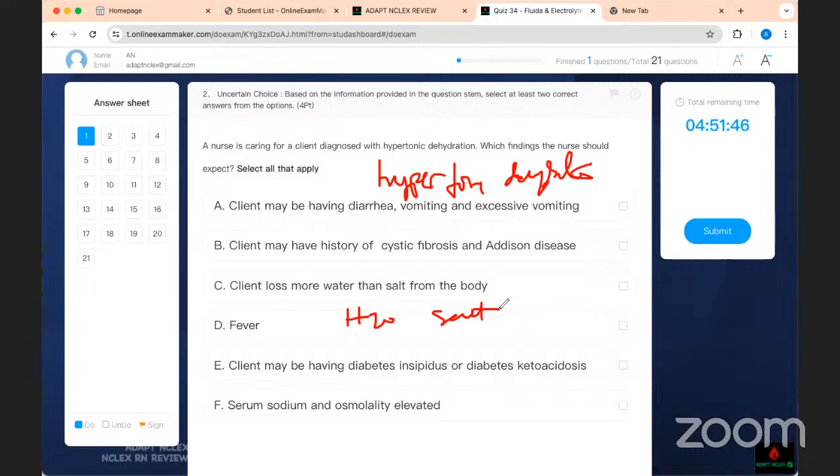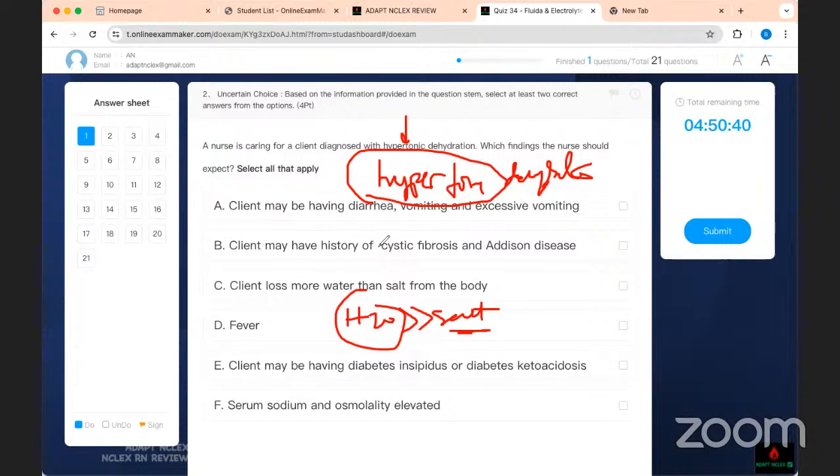Which one do you have to lose more of to make your blood hypertonic? Hypertonic means you're losing more water. So I'm losing water greater than salt. If I lose too much water, what will be left is salt, and therefore my blood will have hypertonicity. It's thicker. That's all.